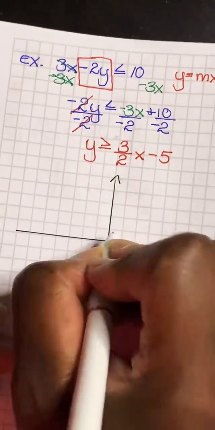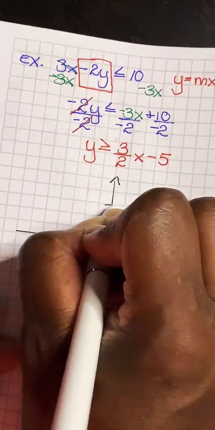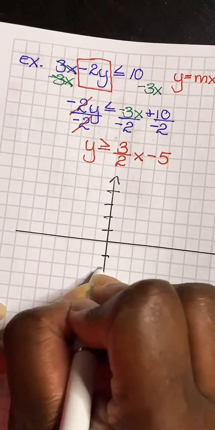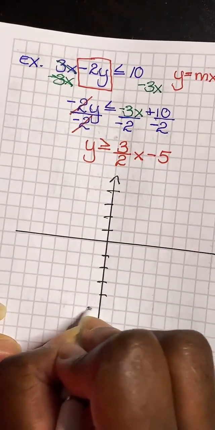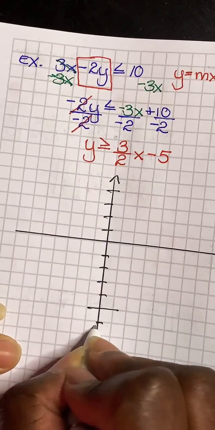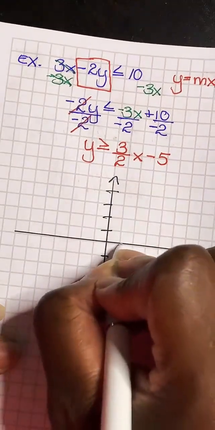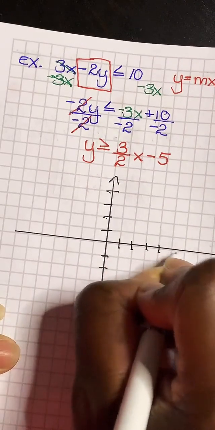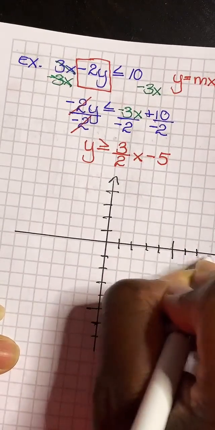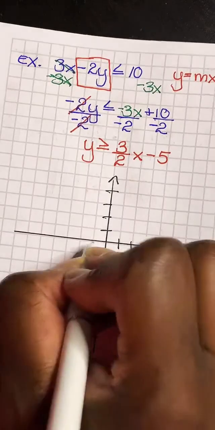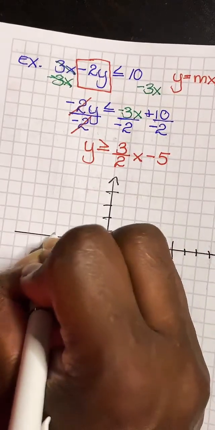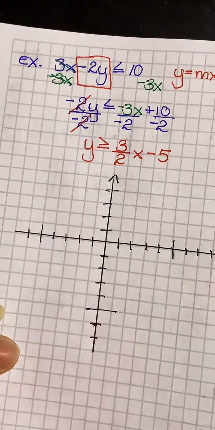Made it a little too large for me, but here we go. 1, 2, 3, 4, 5. I always like to make my larger ones, my 5s, a little bit larger because it's easier for me to find them.